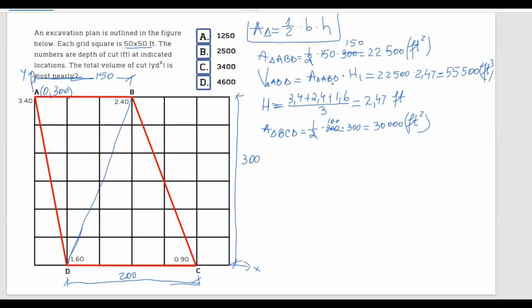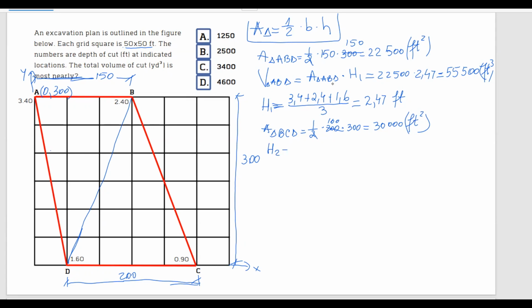Again, let's calculate H2, the average depth of this second triangle. Well, not triangle, this is actually an irregular triangular prism.